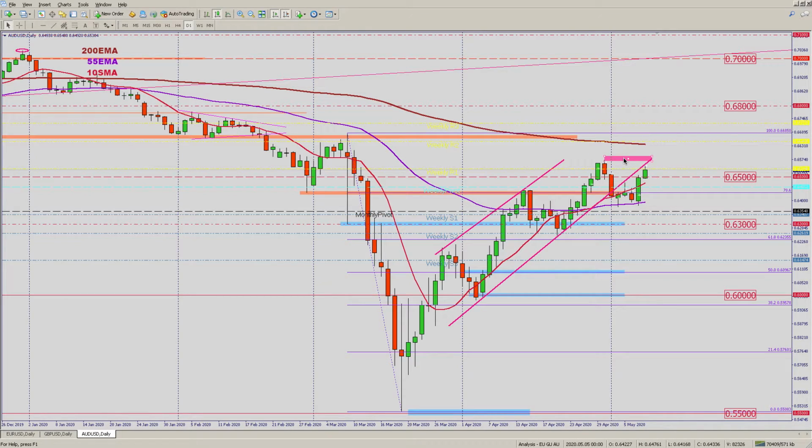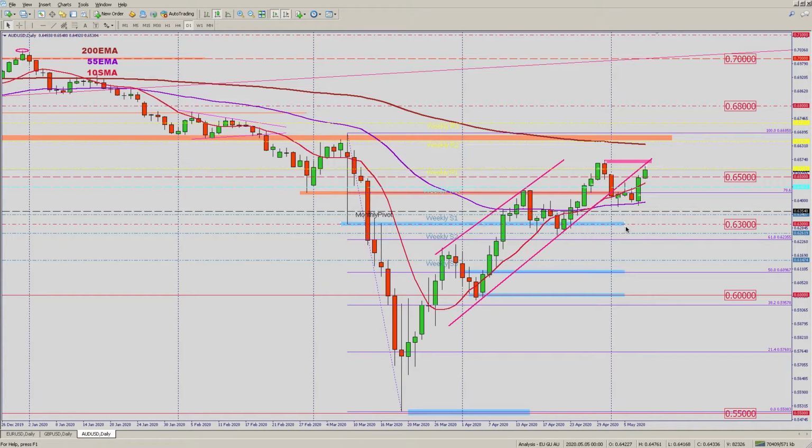This will be the intermediate resistance with the swing high of the previous week, and this area previously is going to be our resistance zone, just above the daily 200 EMA and right where the 100 fib swing high is.